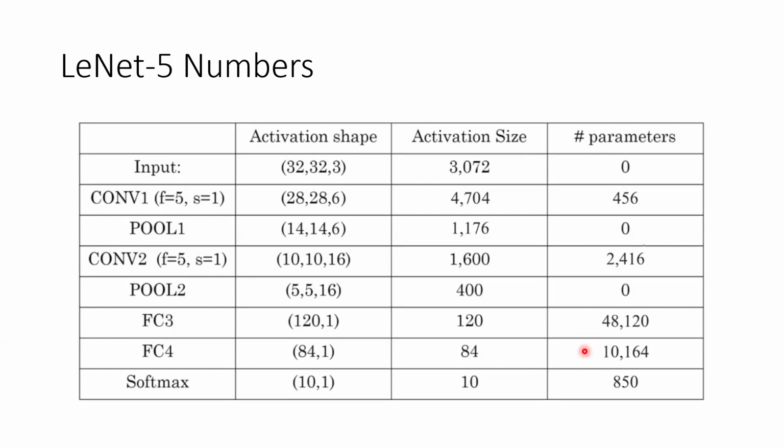That means fully connected layers, as we discussed last week, have to check the combinations of all the parameters. That is why the number of weights and biases is very high.